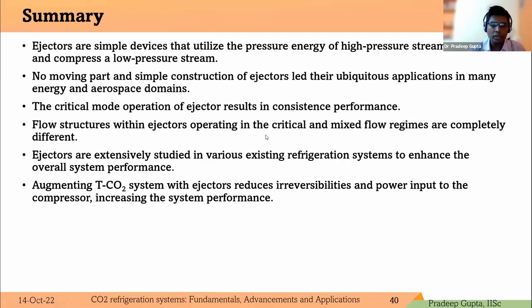The flow structures within the ejector operating in the critical and mixed mode regions are completely different, as we see from the slide images. Ejectors are extensively studied in various existing systems to enhance overall system performance. Augmenting a transcritical CO2 system with an ejector reduces irreversibility and power input to the compressor, increasing the system performance.